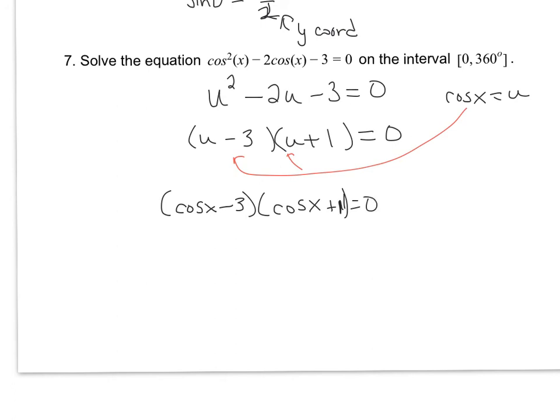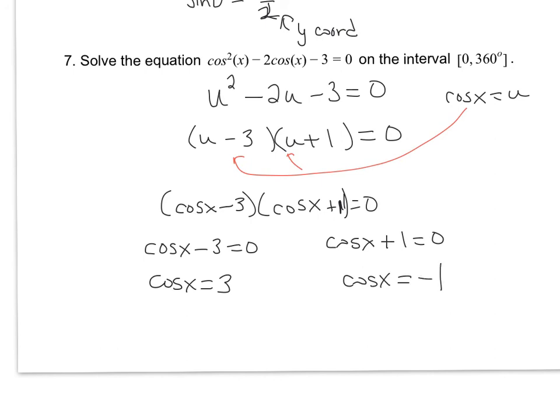So now I can set these both equal to 0. So cosine x minus 3 equals 0. Cosine x plus 1 equals 0. So adding 3 to the first one will give me cosine x equals 3. And the second one will give me cosine x equal negative 1.